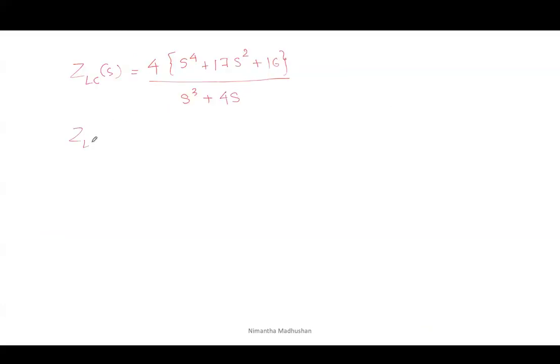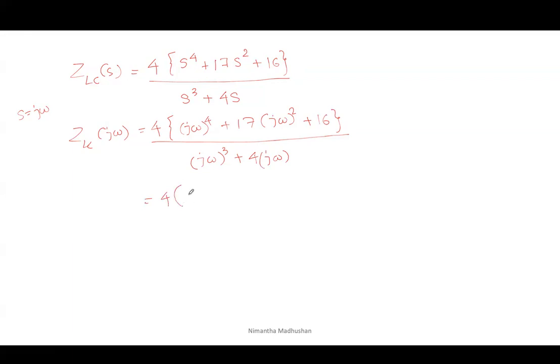Now I will assign s equals j omega. Then we get 4 times (j omega to the power 4 plus 17 j omega squared plus 16) over (j omega cubed plus 4 j omega).